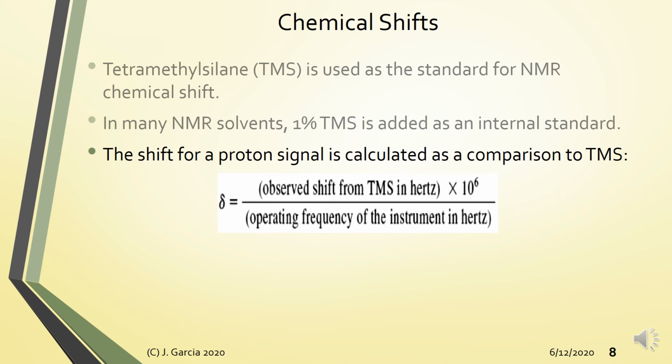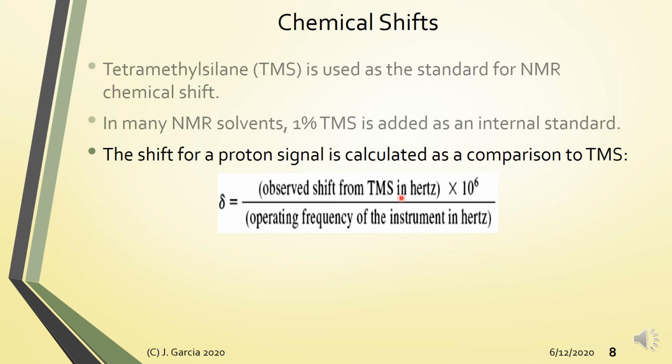Alright? So how does the spectrometer compute for the chemical shift, the small delta? Basically, this is the equation. This often comes out in the board exam, so please take note of this. What we actually measure in NMR is the observed shift of your analyte signal from the trimethylsilane signal, and this is measured in hertz, in terms of frequency.